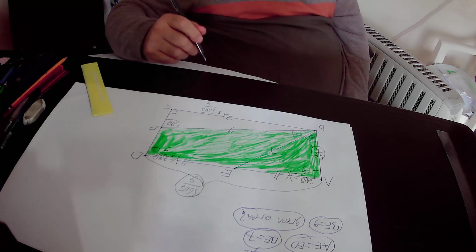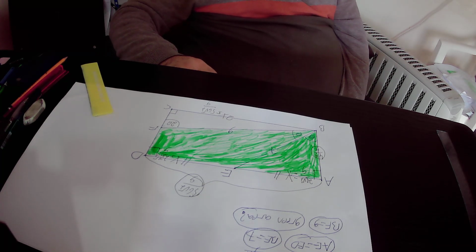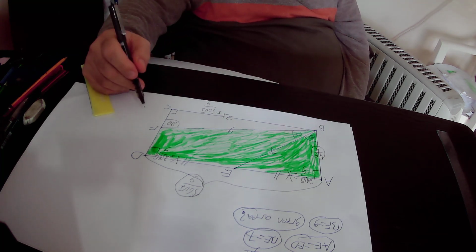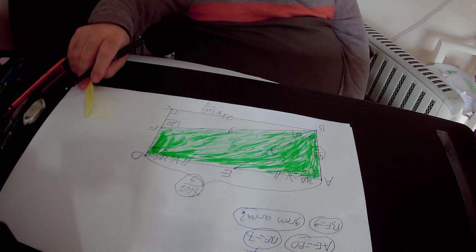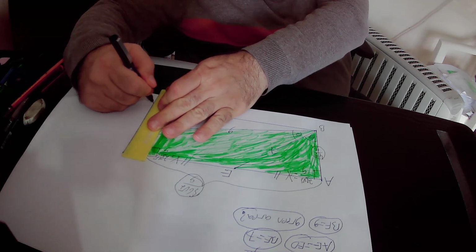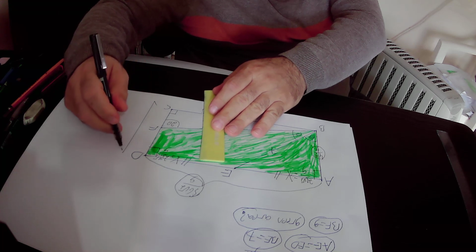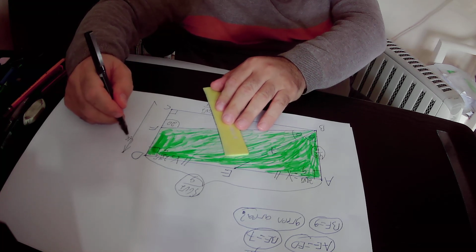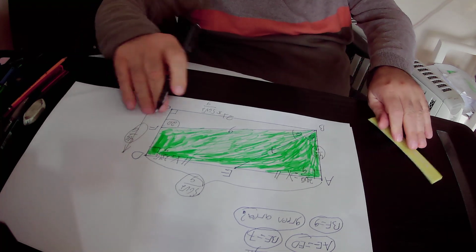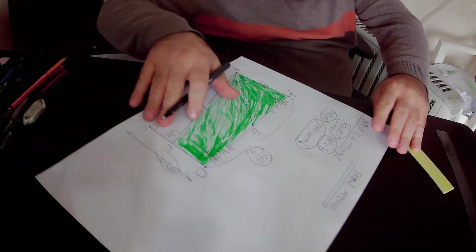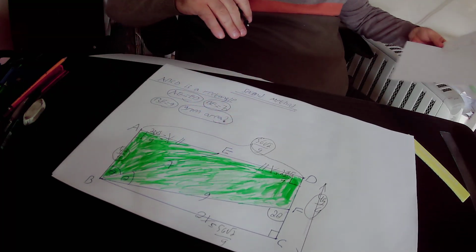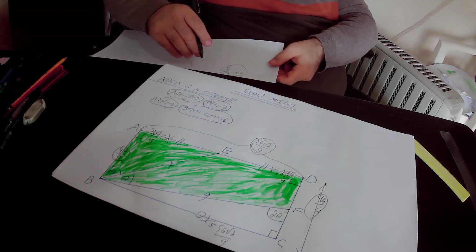But we know that the opposite sides of a rectangle are equal to each other, so that means that AB equals DC. But AB equals 49 over 9, so DC will also be equal to 49 over 9. In the next step, we'll focus on the right triangle BFC.